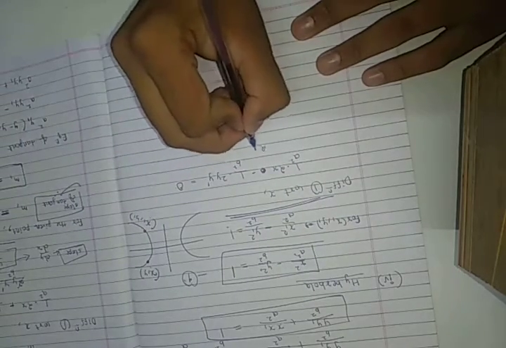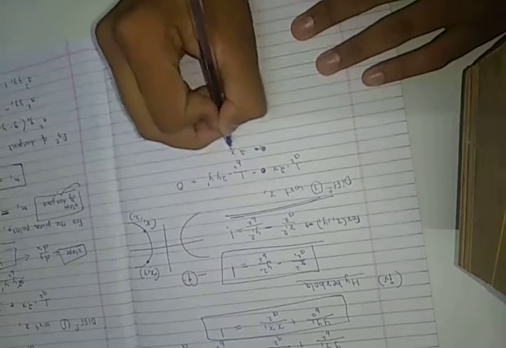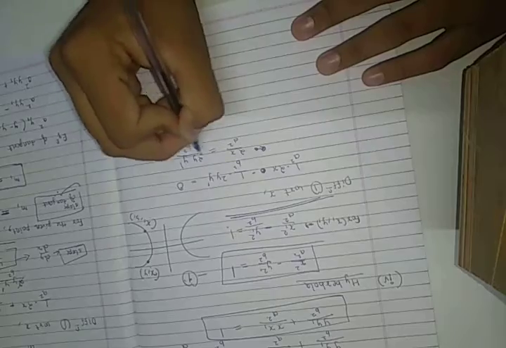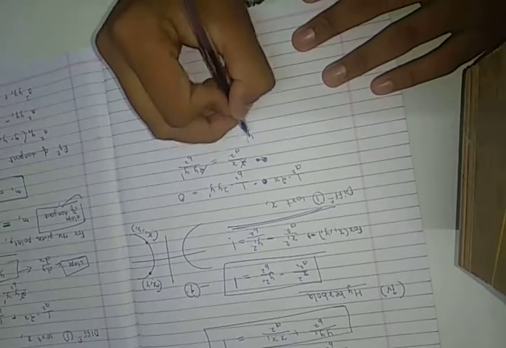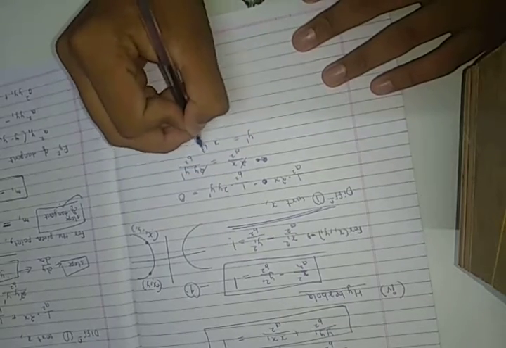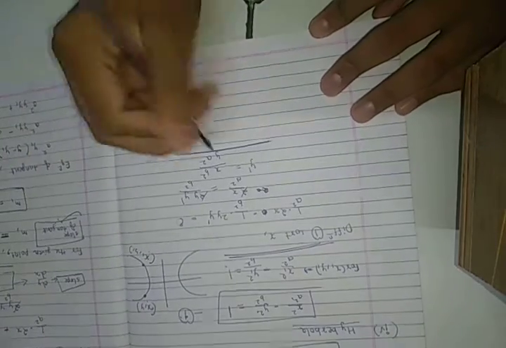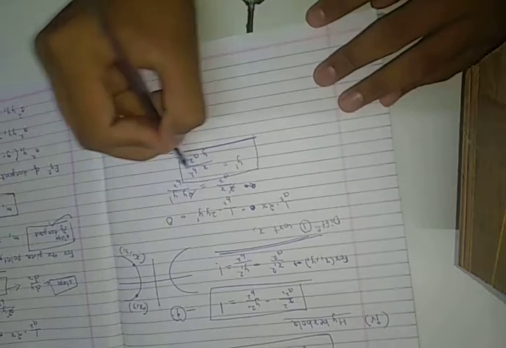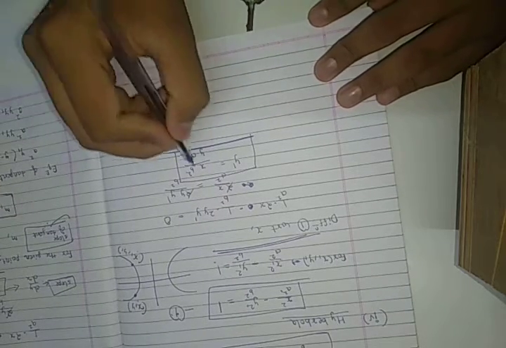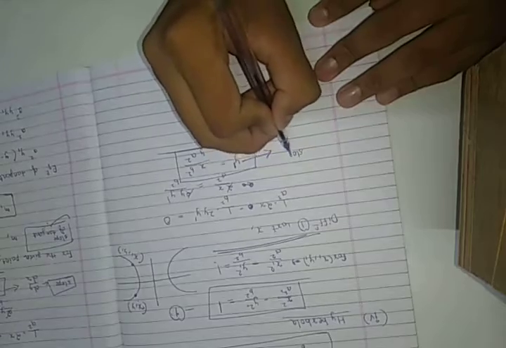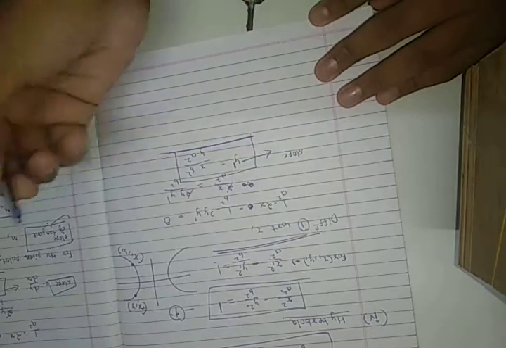Changing the sides, we get 2x upon a square is equal to 2y y dash upon b square. 2 gets cancelled, y dash is equal to x b square upon y a square. Sorry, dy by dx is x b square upon y a square. This is the slope of the tangent at a given point.